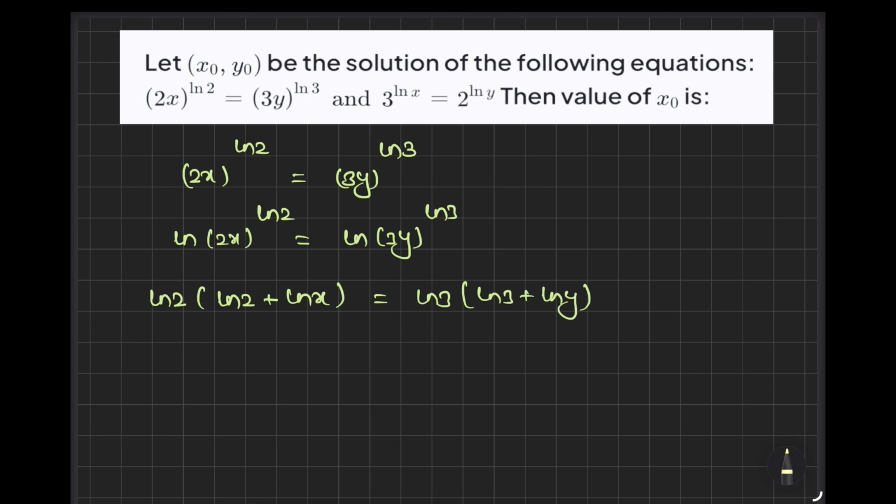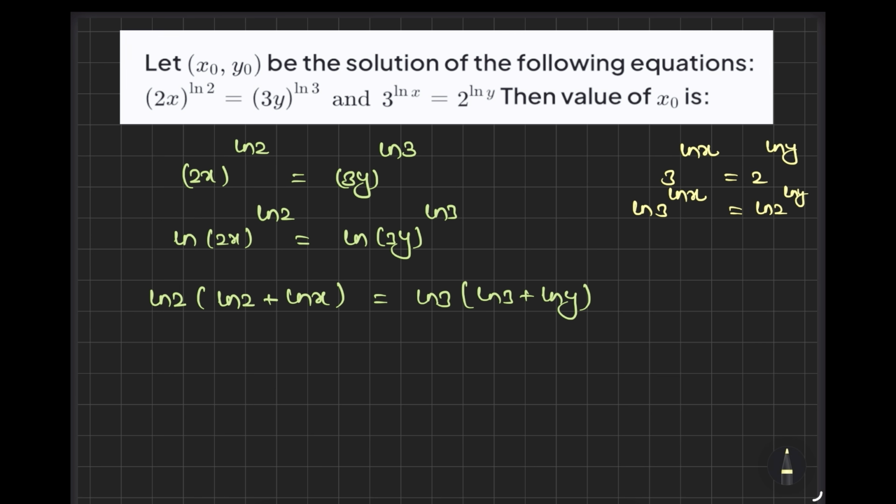Look at this, I will use this equation. Here also if you observe, things are in the power. So 3 power ln x is equal to 2 power ln y. I will take ln on both sides. So ln of 3 power ln x equals ln of 2 power ln y.